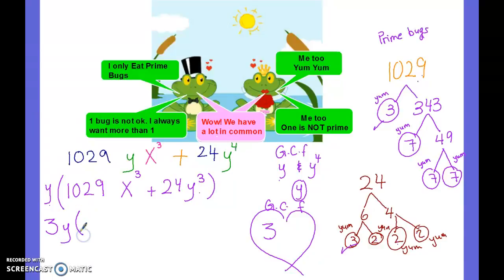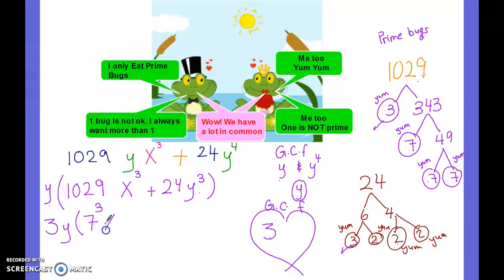Now, since my 3 is factored out of the 1029, what's left? 7 times 7 times 7, or simply 7 to the power of 3.